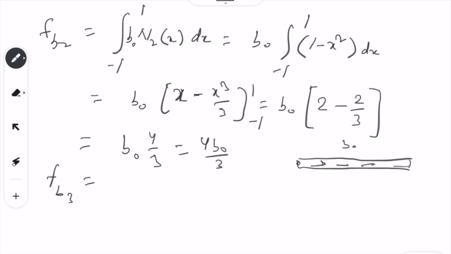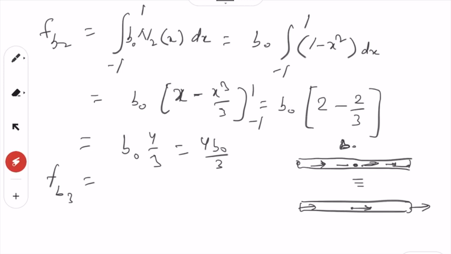It is telling you that the distributed force of B naught is equivalent to the case where you have only 3 forces, one force here, one force here, and one force here: FB1, FB2, and FB3.